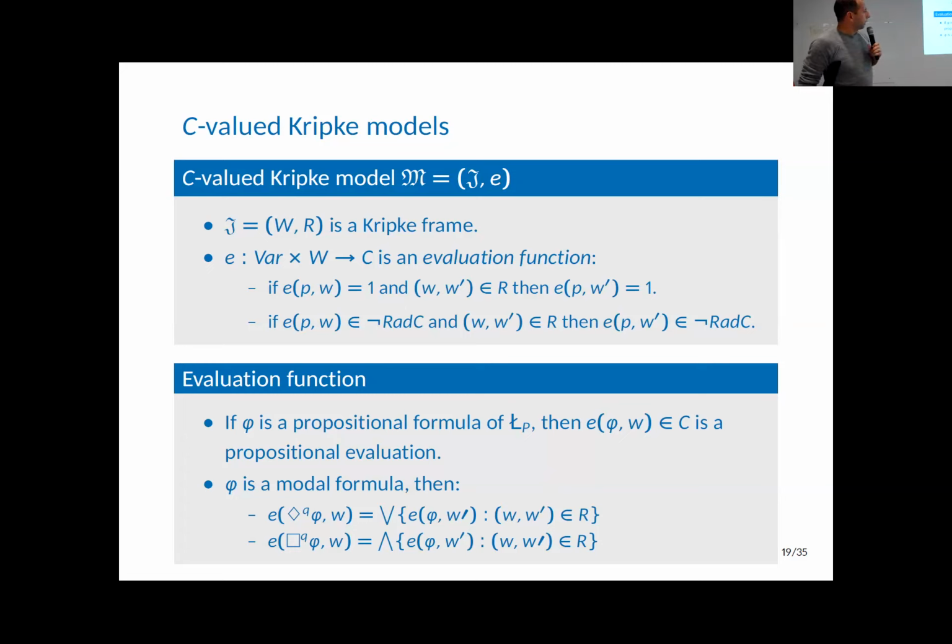For diamond Q we have the join, and for box Q we have the meet of all these evaluations on all the successors.